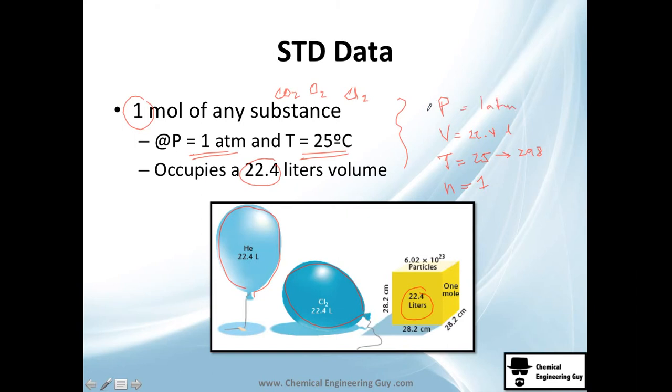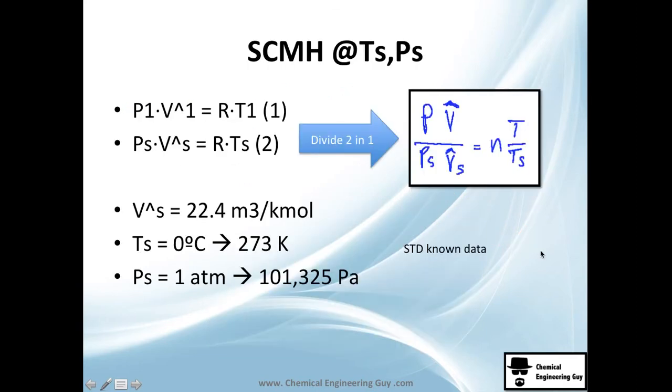I know it seems like a lot, but actually it's easy. 1 atmosphere, come on guys, it's atmospheric pressure. 25 is like the coolest temperature ever in the weather. And 1, come on, it's 1 mole. The only thing you need to learn here is 22.4, which is the random number. But once you learn it, calculations are going to be easy.